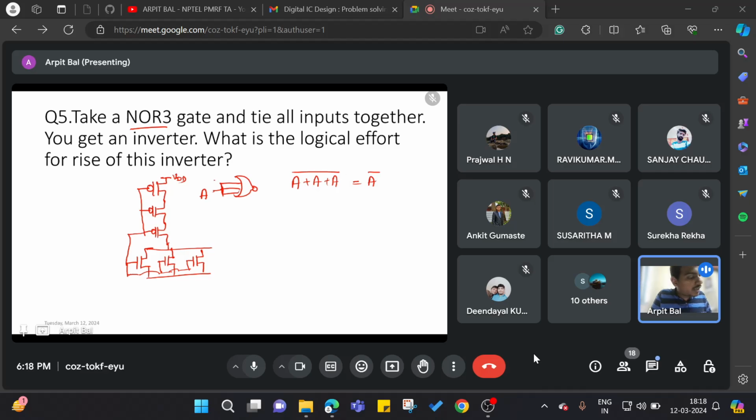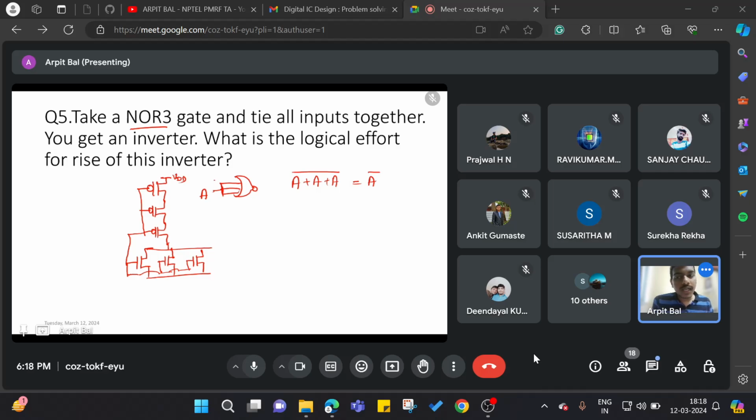So it means if I am giving an input A, my output is going to be A bar. Using equations, things will be made simpler, whatever combination is given to you. This one is a very straightforward one because it says NOR 3.